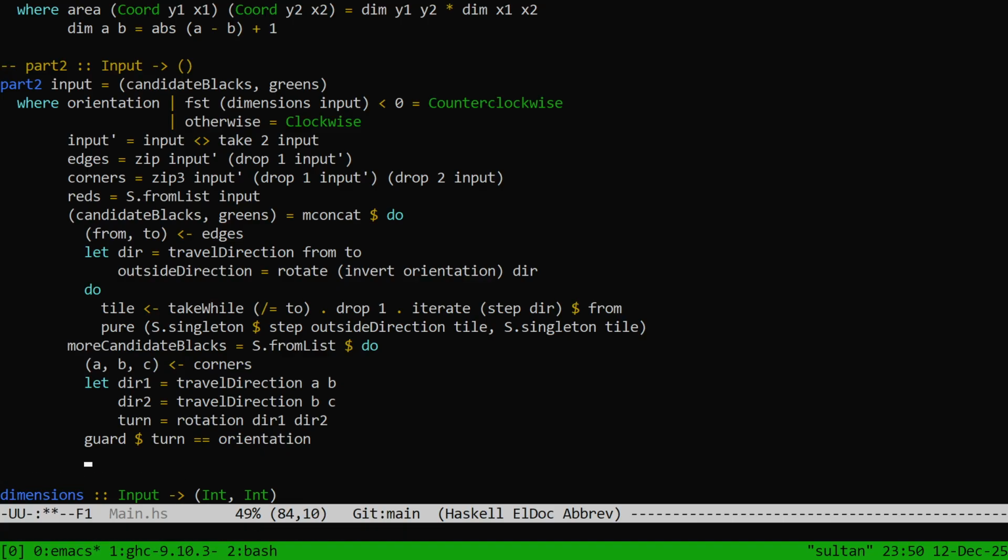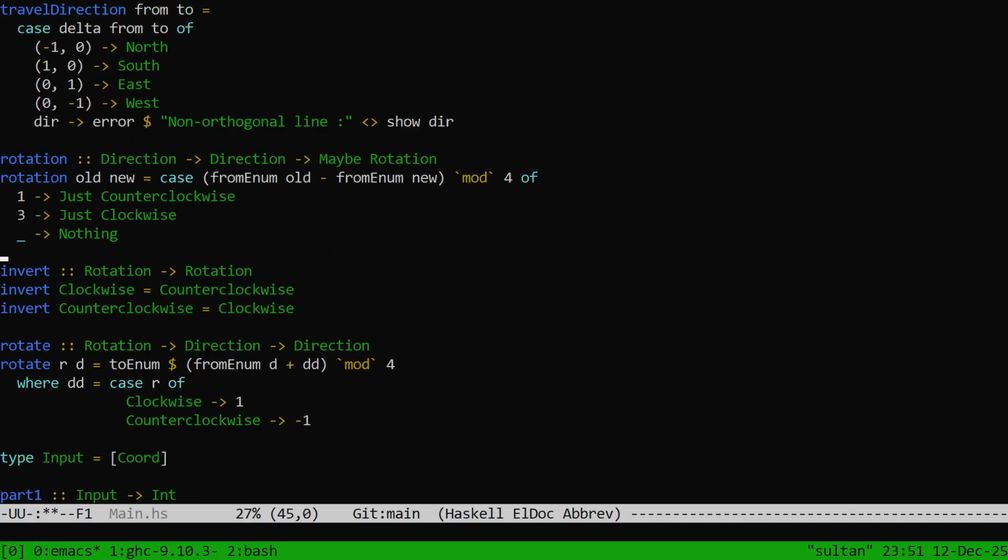Okay, so let's do this. Step in dir 1 from B, and also step in the opposite of dir 2 from B. And I don't actually have an opposite of a direction right now.